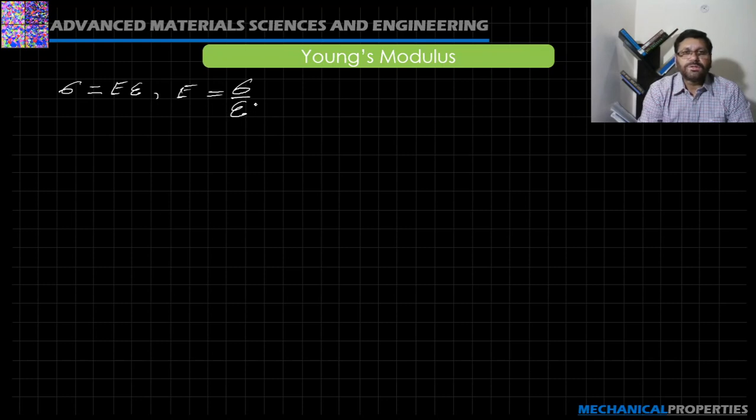Since there is no unit of strain, the units of modulus of elasticity would be the same as that of stress, which are Newton per meter square or the Pascal.